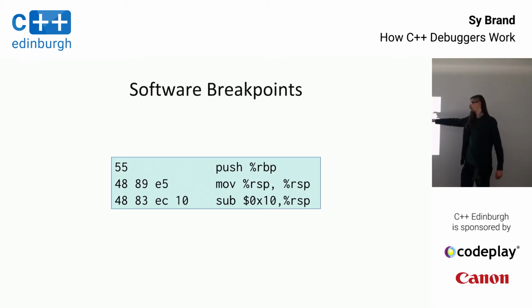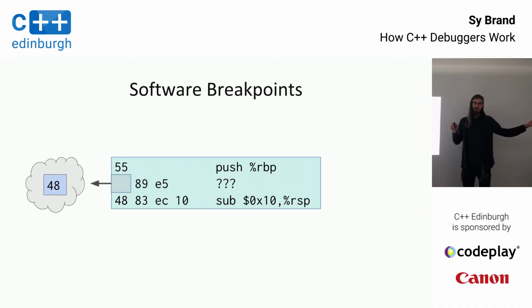Yeah. So imagine we have some code. Okay, so on the right-hand side is the assembly, and on the left-hand side is the disassembled binary. So we want to set a breakpoint on this move instruction. Okay. What the debugger will do, it will take this first byte of the instruction, this 0x48, and it will save it off somewhere.